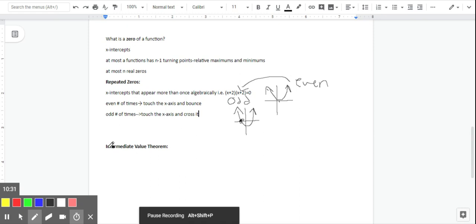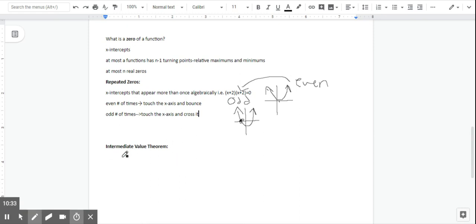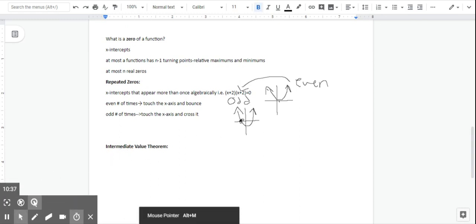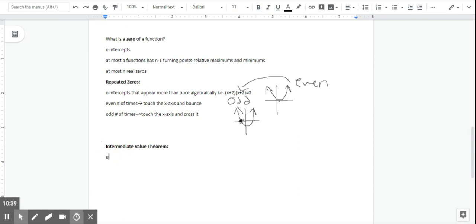And lastly, we have the intermediate value theorem, which is a theorem that is used to determine the existence of zeros. Will a 0 exist? So it's used to determine the existence of real zeros of a function.